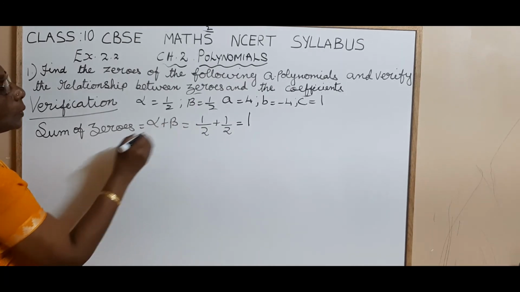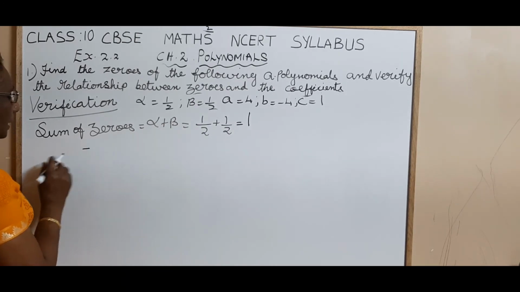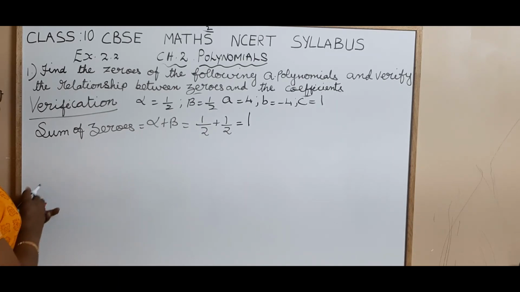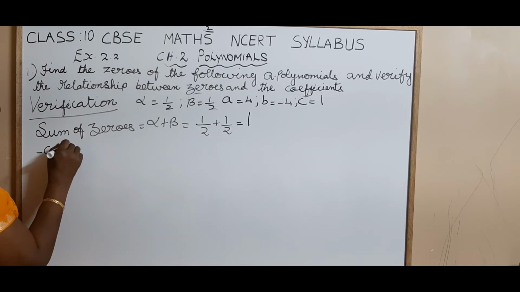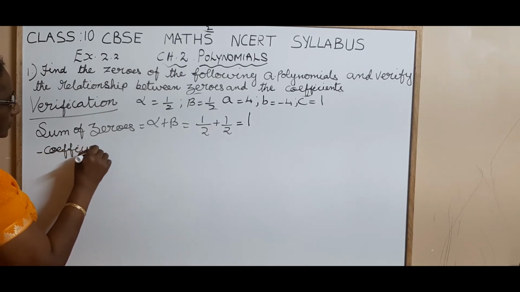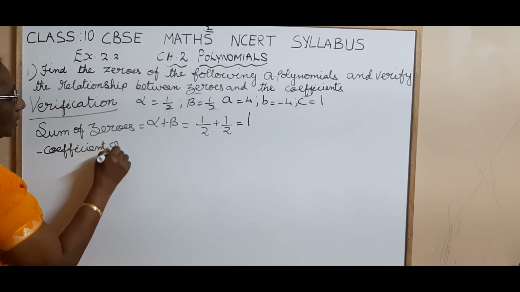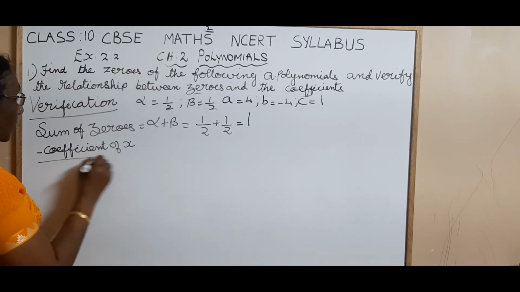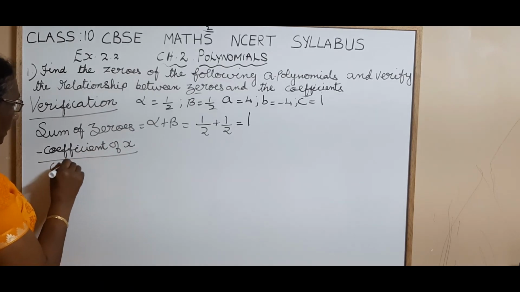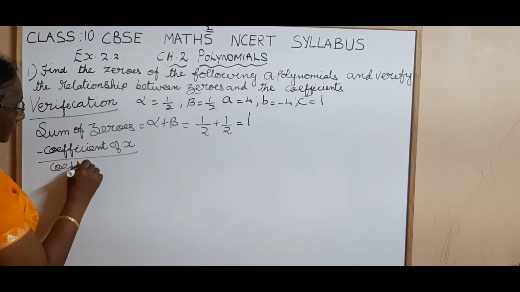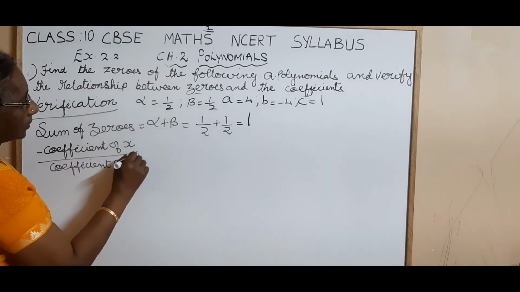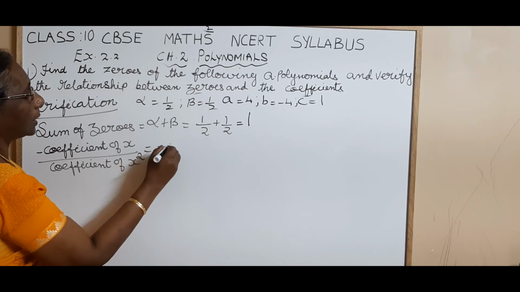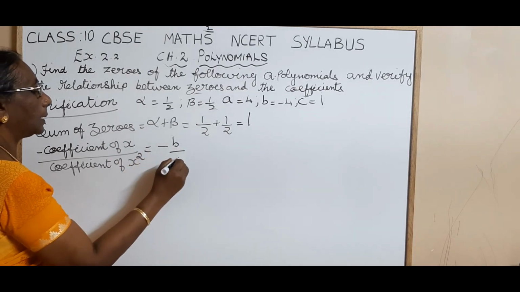So half plus half is 1. And what is minus b by a? That is minus the coefficient of x by the coefficient of x square, minus b by a.